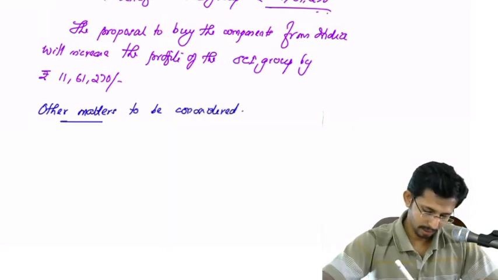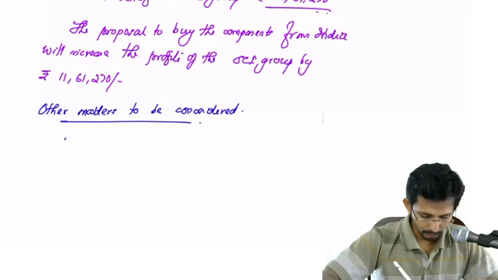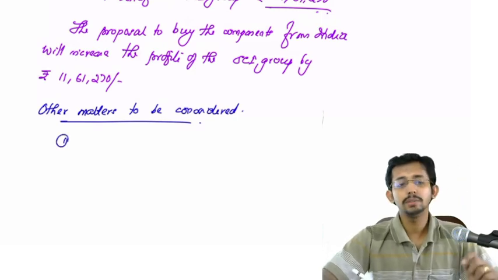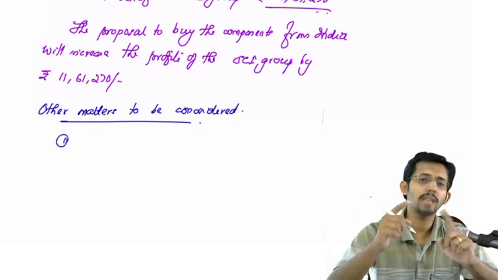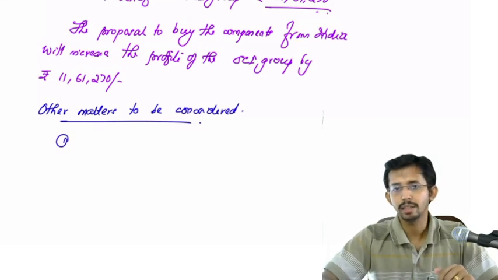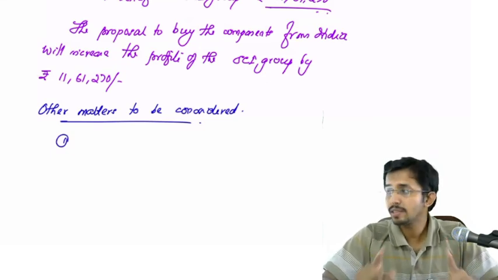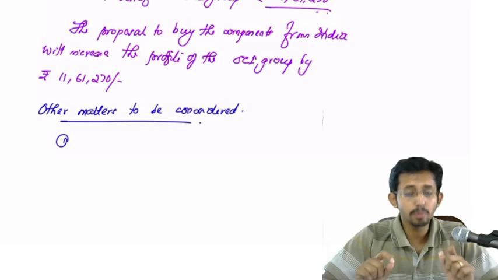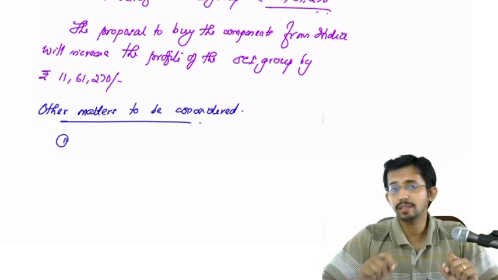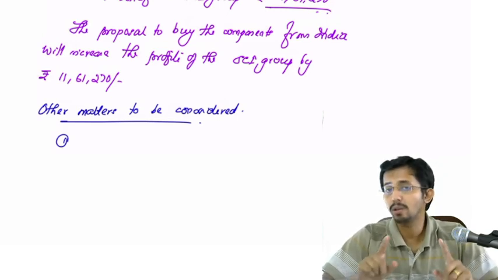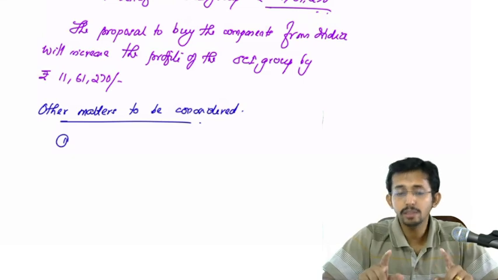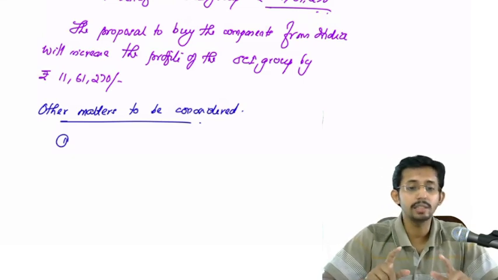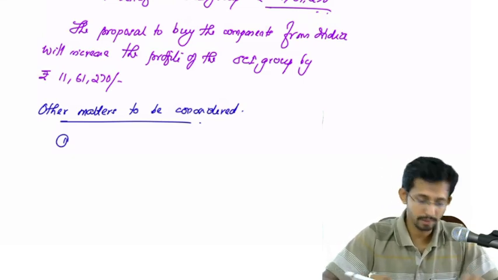Point number 1. Now there is a proposal from Japanese manufacturer. Okay, now what you need to first see is whether this proposal from the Japanese manufacturer is for a short term or a long term. In other words, you have to consider the longevity of the proposal from Japanese manufacturer.